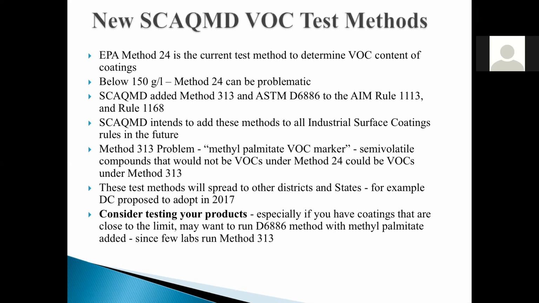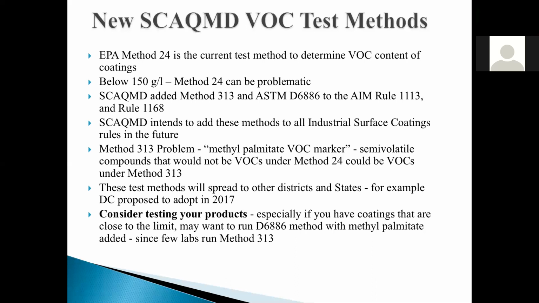I think it has a boiling temperature up in the 300 degrees Celsius. The way it works is that when they go to test a coating, they put that marker into the coating, and when the peak for methyl palmitate comes up, anything before that peak would be a VOC. Anything after that peak would not.